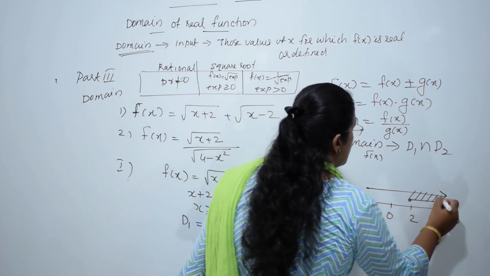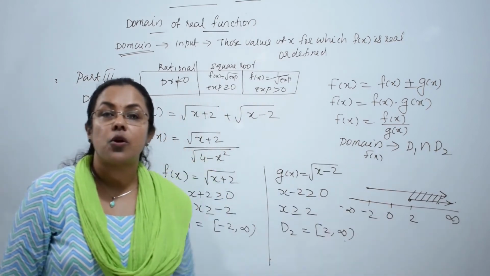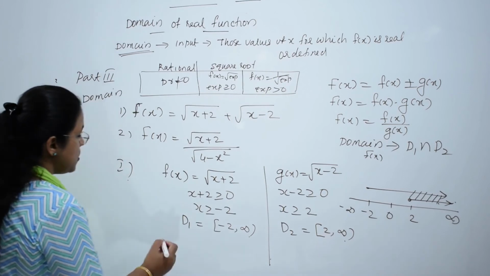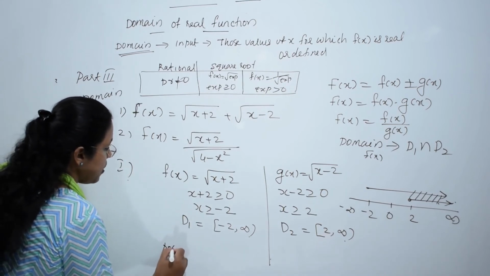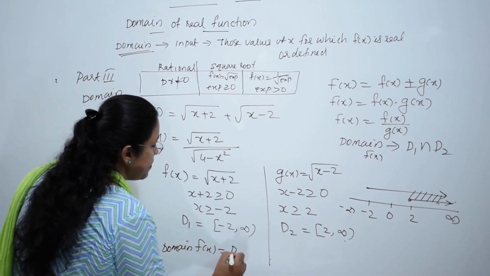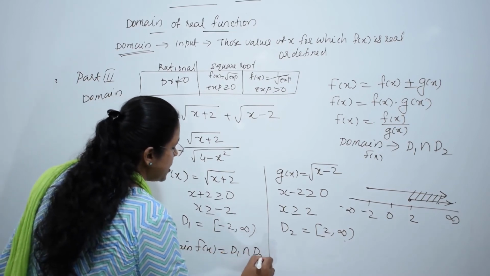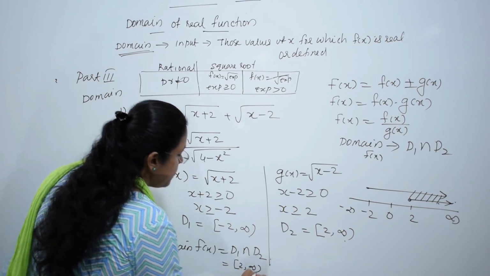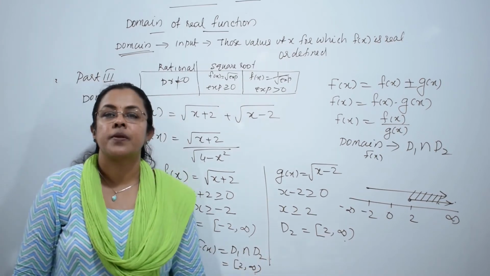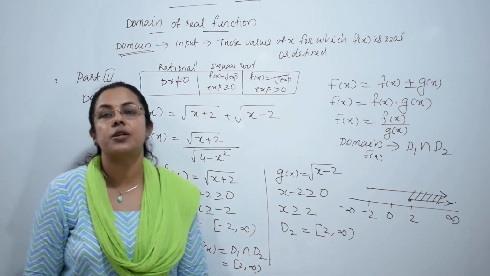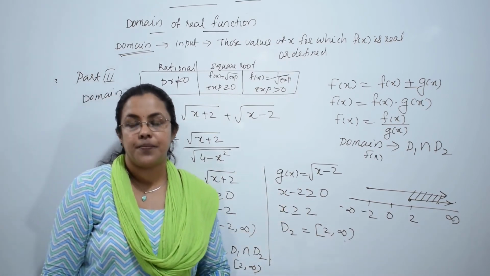The region common to both is 2 to infinity. So the domain of F(x) is d1 intersection d2, which is 2 to infinity. Very easy. Find the domains independently and find their intersection, and we will get the domain.